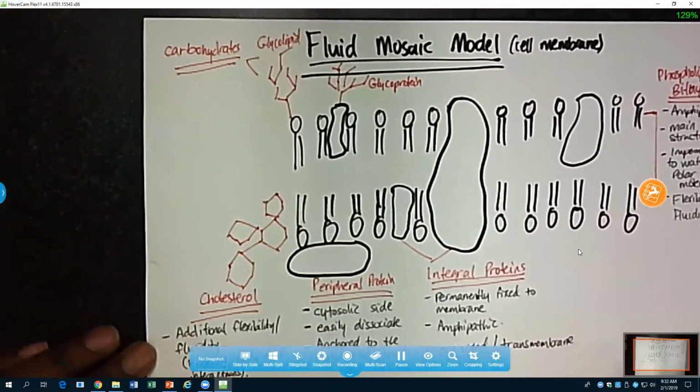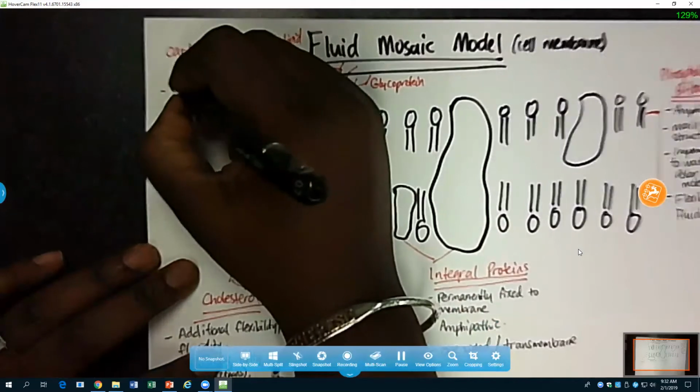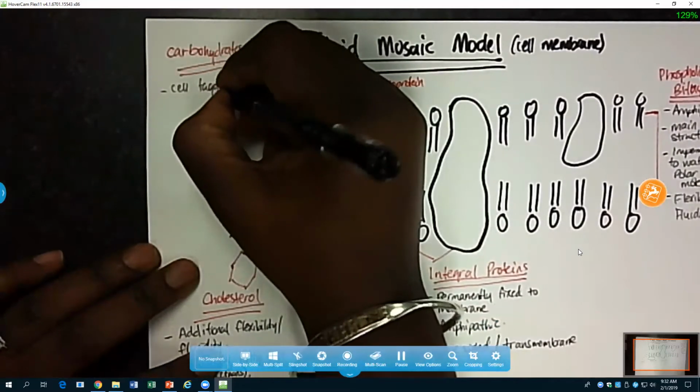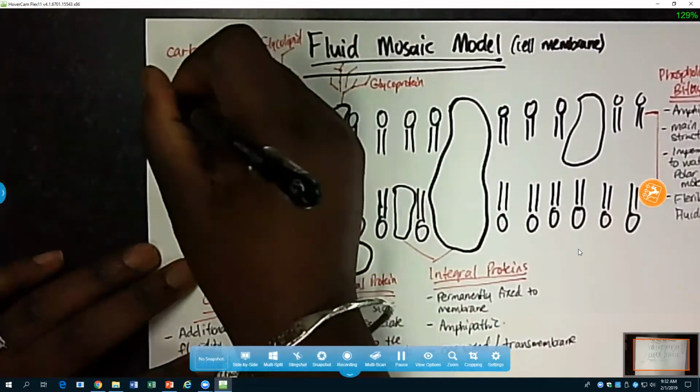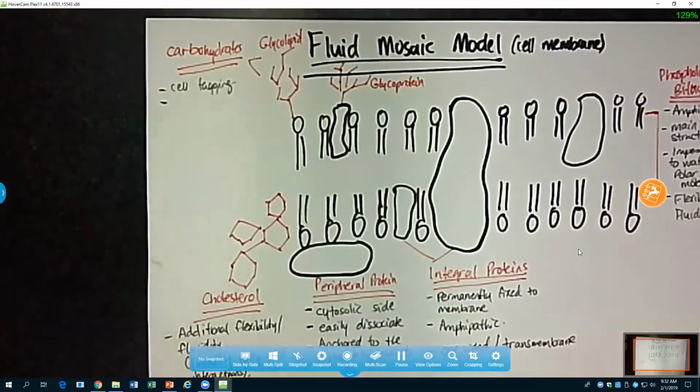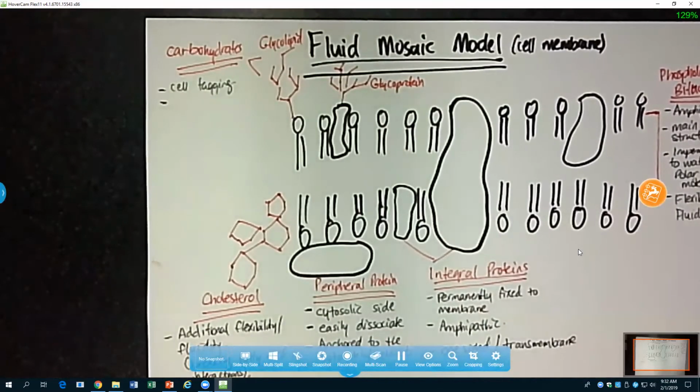Okay. Now, carbohydrates help with cell tagging. They're important in cell identification, so cells being able to signal or identify themselves. They're important in the ABO blood grouping or the blood typing. That's how you know what blood type you have. They're also important in the immune system. So certain antigens or certain immune signals are being presented using these glycoproteins.